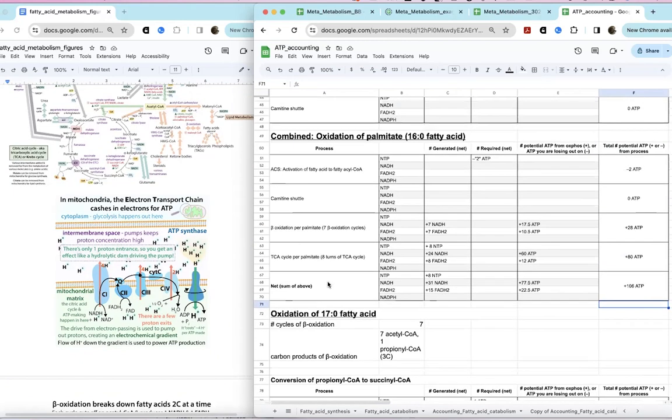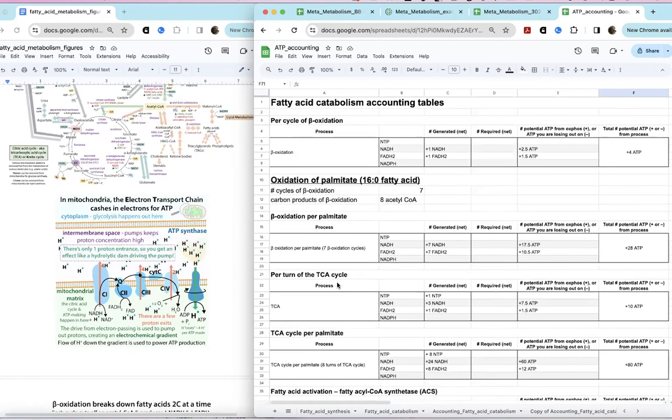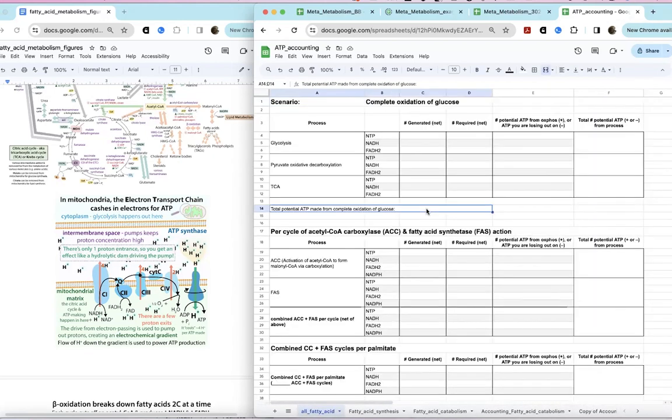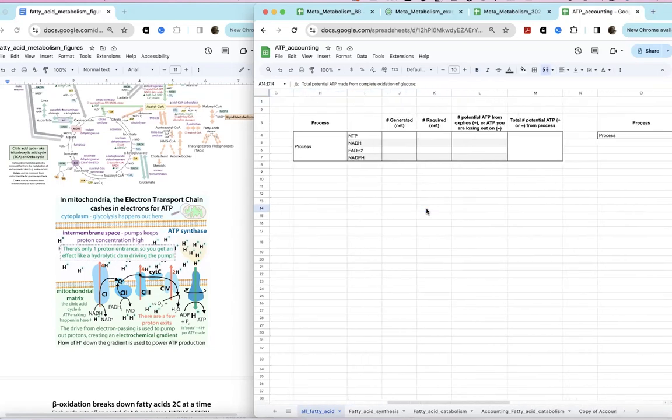So this is just a way to help you think through the process. You could do this for any length fatty acid. You could do this for any other kind of metabolic process that you want. I encourage you to do this for various processes. So if you think about glycolysis, gluconeogenesis, maybe amino acid breakdown, just make a table like this.